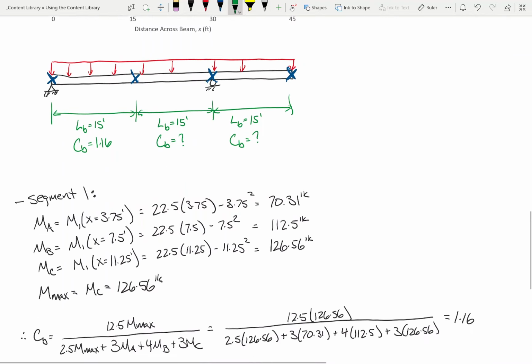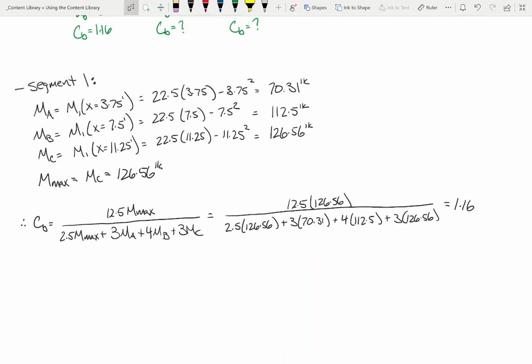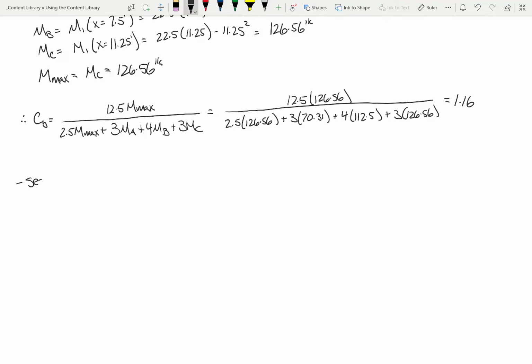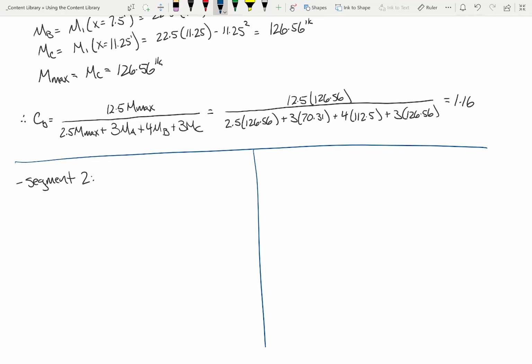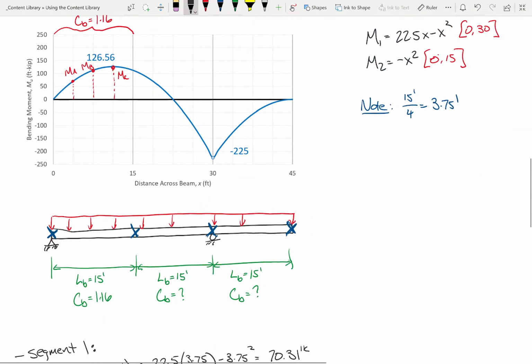So I'm going to really quickly do the remaining segments just to show you what we're going to do. Let's do segment 2, and segment 3 right here. What we've got to do with segment 2 is, remember, we're still using the M1 function from here to here.